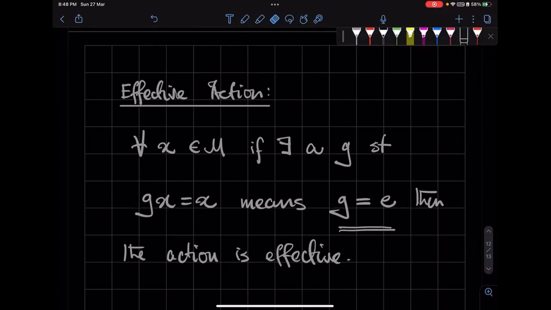So if there's some element which is not the identity element, which leaves all the elements invariant, then that's not an effective action, right? Okay.